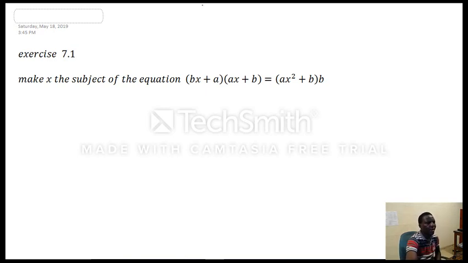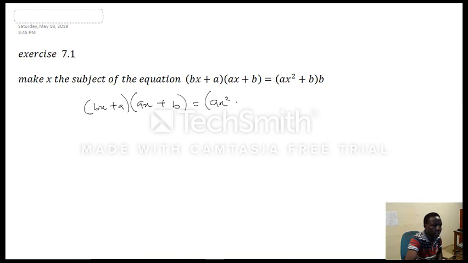But looking at it, we have x in the 3 brackets. So first and foremost, what we are going to do is to see how we can factorize out x by expanding this bracket. So doing so, I'll have bracket bx plus a to multiply with ax plus b, after which I will equally open the second bracket, the third bracket at the other side of the equation.